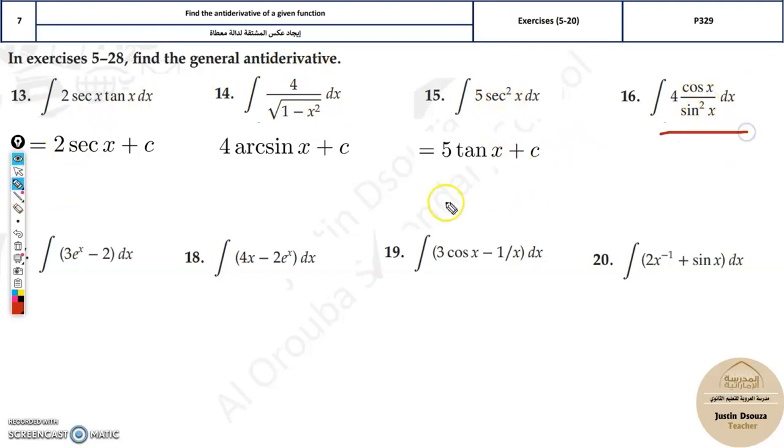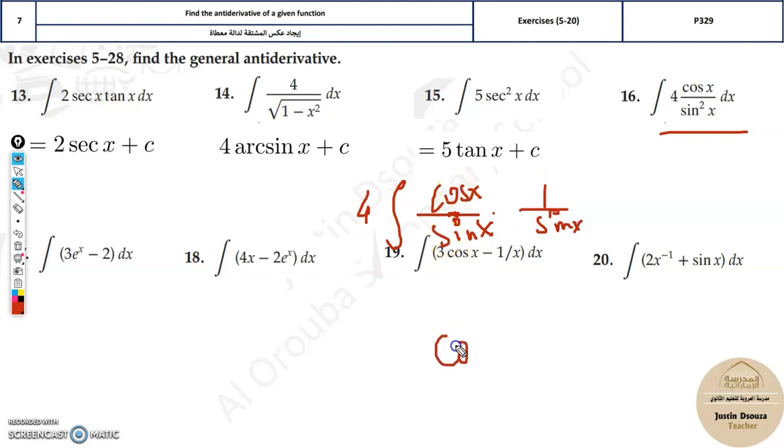This is interesting. Now let us split this. See, you must be thorough with all the formulas. Only then is it easy to solve. Now, 4 is a constant. Leave it out. Integral of cos x by sine x, because it's square, multiplied by 1 by sine x. Now, cos by sine x is cot x, and 1 by sine is cosecant x.